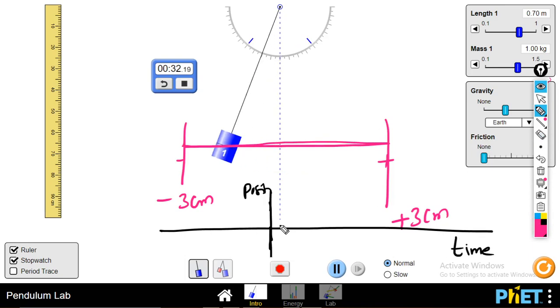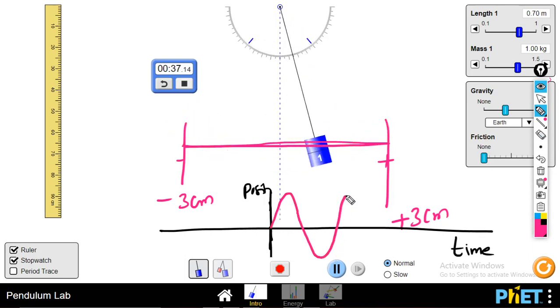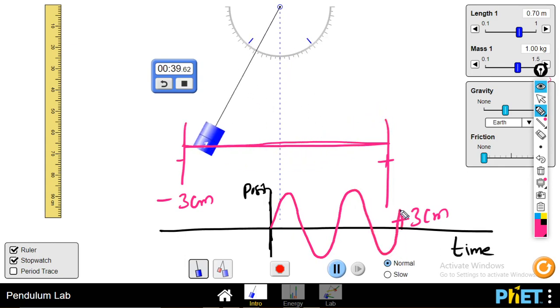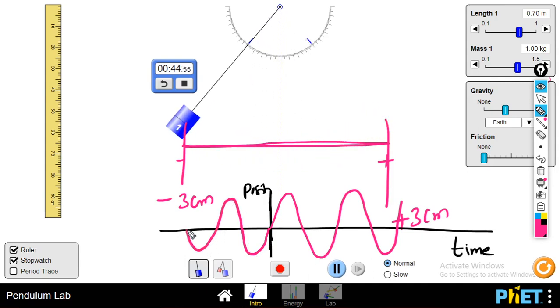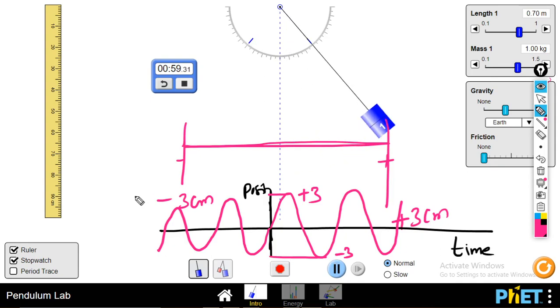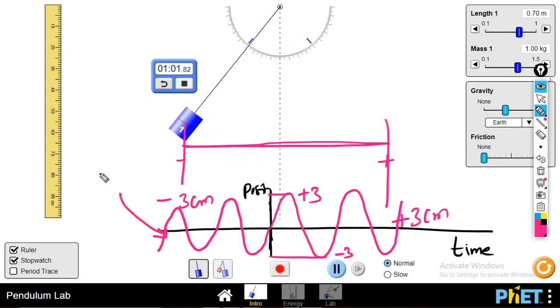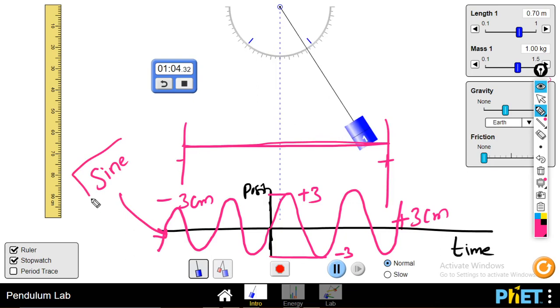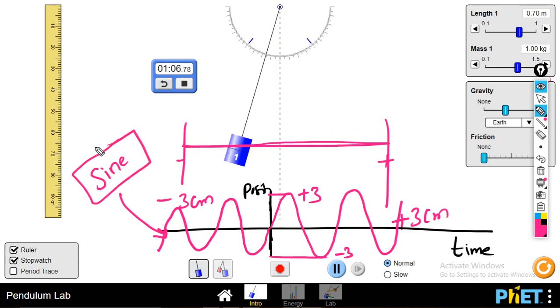If I draw the plot, first positive 3, then negative 3, then positive and negative, and it goes on the other side also. This is across plus 3 and this is across minus 3. That's why the simple harmonic motion graph is a representation of a sine curve, the mathematical trigonometric sine function. It looks the same.